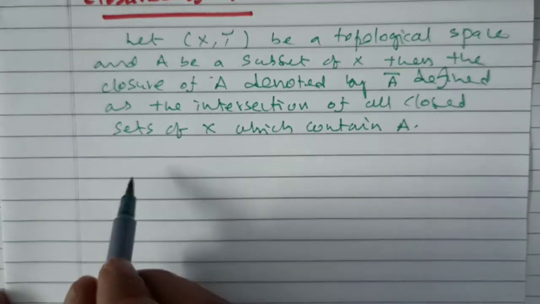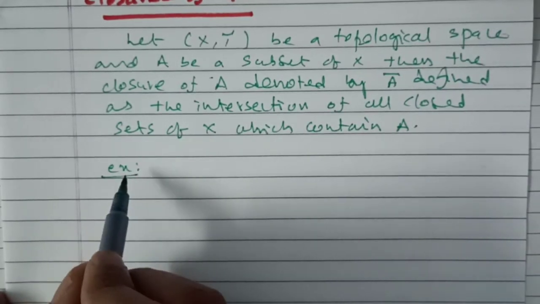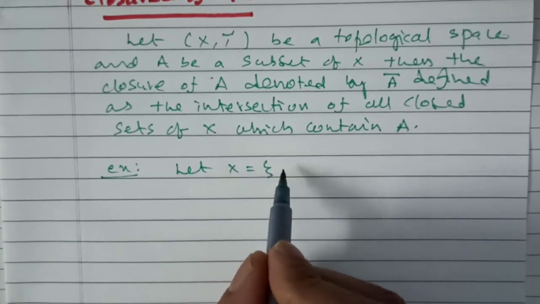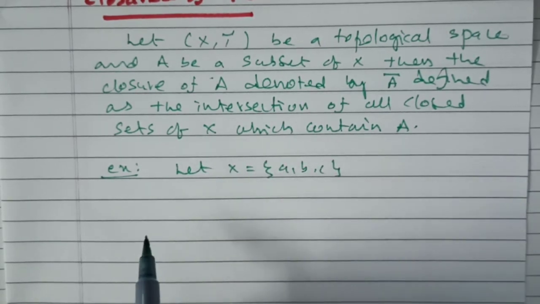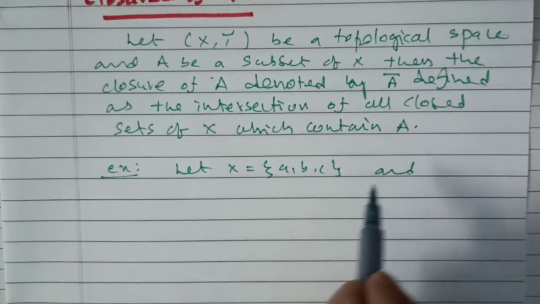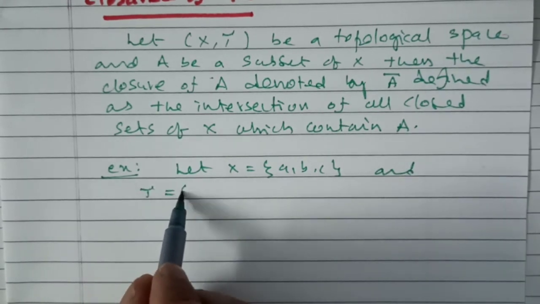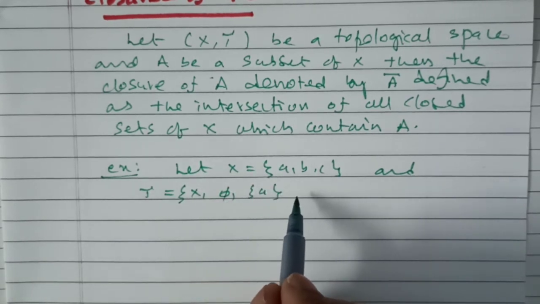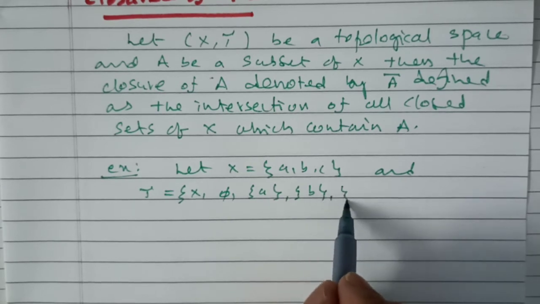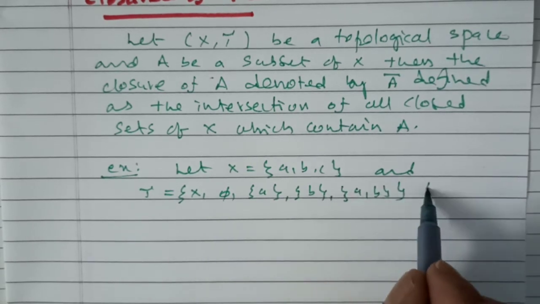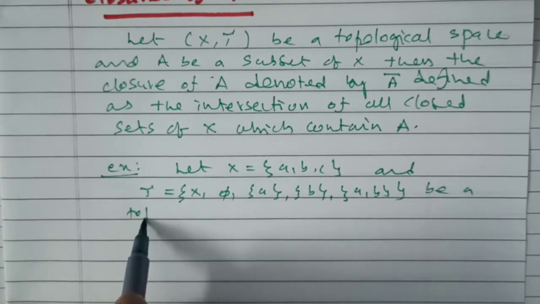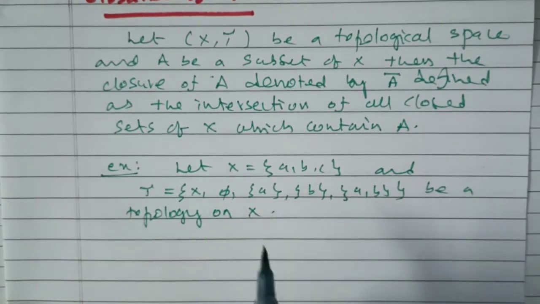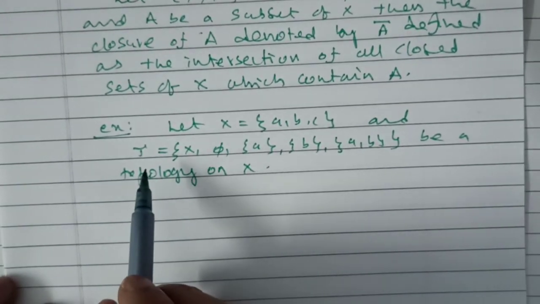See the example to understand it clearly. Let X is equal to set of A comma B comma C, and tau is equal to set of X comma phi comma set of A comma set of B comma set of A comma B, be a topology on X. Topology on X means all the four conditions are satisfied by tau.